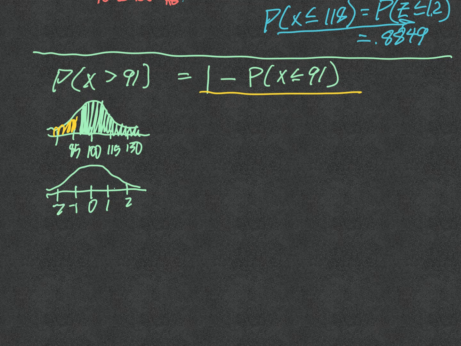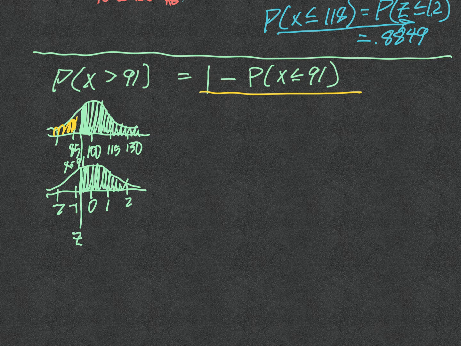And since this was between one standard deviation below and the mean, then I'm going to have essentially exactly the same area. And this is my z value, whereas up here, it was my x value, x equals 91. Okay? So now I have the proper diagrams. I kind of know what I'm doing.